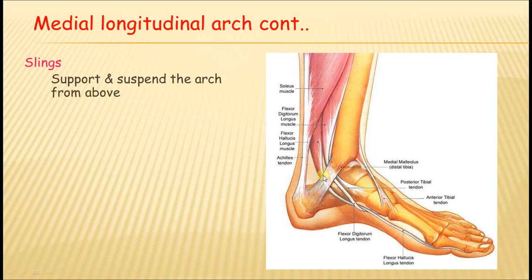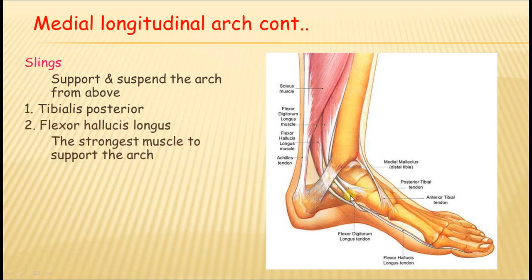Sling mechanism, so suspending from above and below, suspending the arch mainly by your tibialis posterior tendon. Okay, so your tibialis posterior tendon actually supports the arch from above like a sling, and then flexor hallucis longus, okay, this muscle, very massive one, supports the arch like a sling.